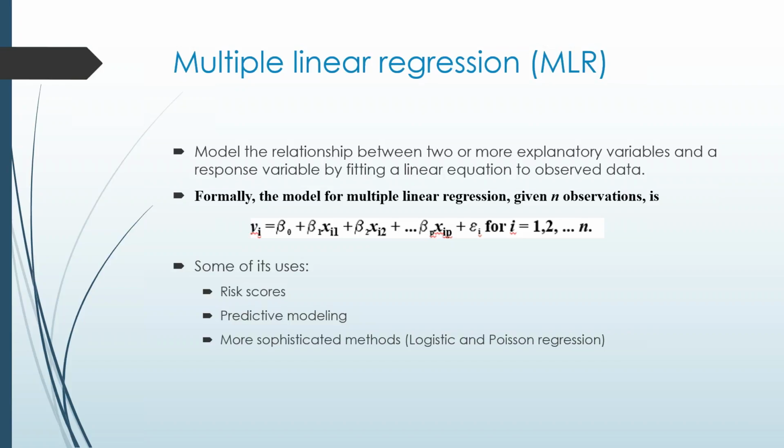We also use multiple linear regression for more sophisticated modeling like logistic regression, which is similar to linear regression but is suited to models where the dependent variable is dichotomous. We introduce Poisson regression when the outcome variable is also numeric but in the form of counts.